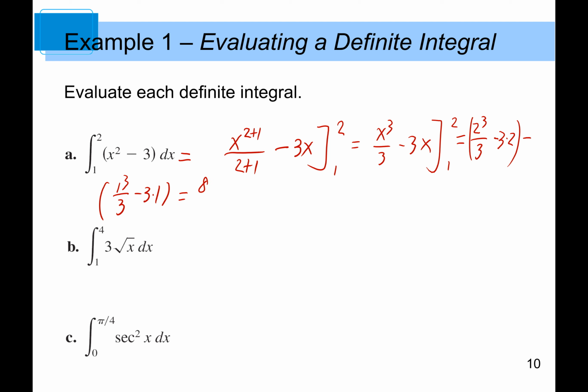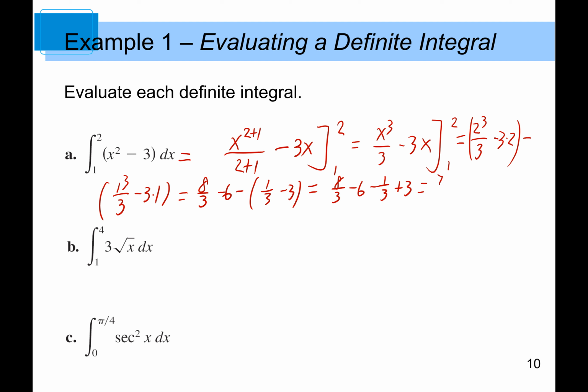So that becomes 8 over 3 minus 6, minus 1 over 3 minus 3. Expand it, and we end up with 8 over 3 minus 6 minus 1 over 3 plus 3.